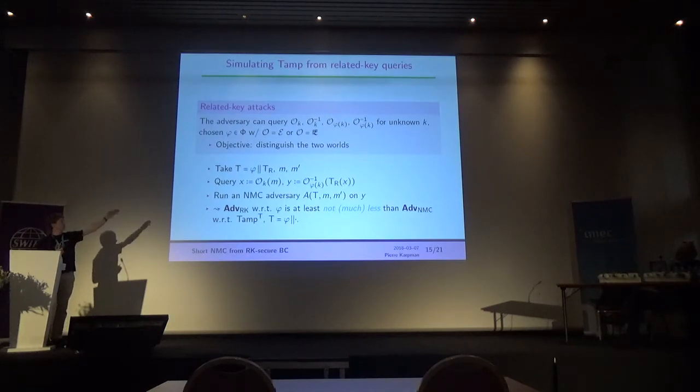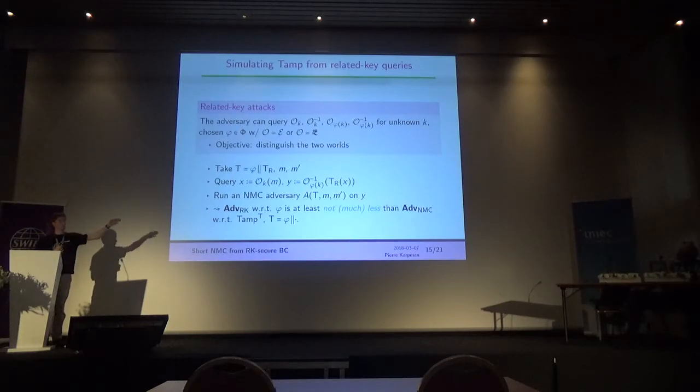So basically, we first get X equal to the encryption of M, then we apply the right tampering T_R, and we do the related key decryption. This is what the non-malleable code adversary would like to run on. So we just give this algorithm the input T, M prime, and this Y. Then we wait for the answer, and we can use this to distinguish in the related key setting between the ideal and real world. I'm not going to go into the details more, but somehow this shows that you can upper-bound the non-malleable code security by the related key security of the cipher that you are using.